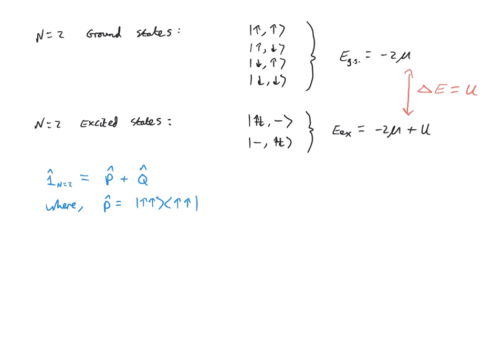So we have something like this, which spans all of the possible states within the ground manifold. You can see now why I just want to do this for a 2-particle system in 2 orbitals, because it rapidly becomes more complicated otherwise. And Q, of course, is going to be the excited states.